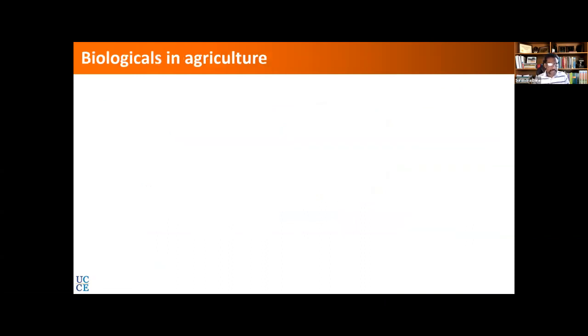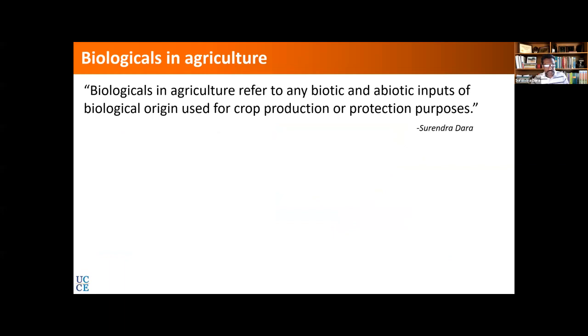And then, what are biologicals in agriculture? This is my definition: biologicals can be any biotic, which have living organisms, or abiotic, meaning dead or non-living materials.